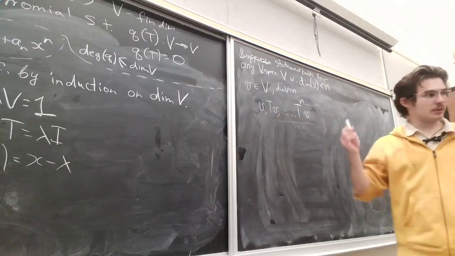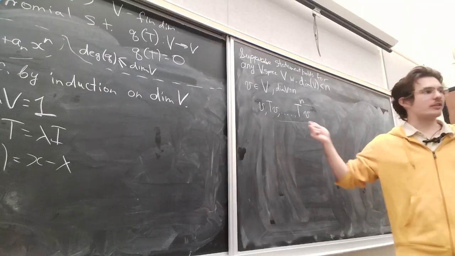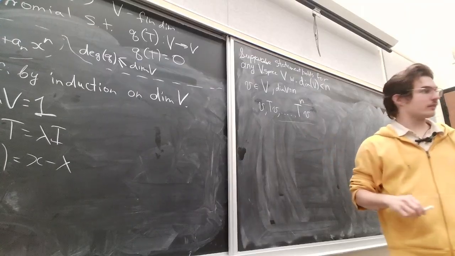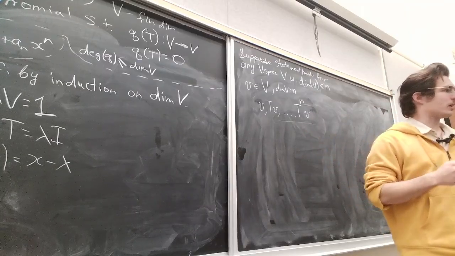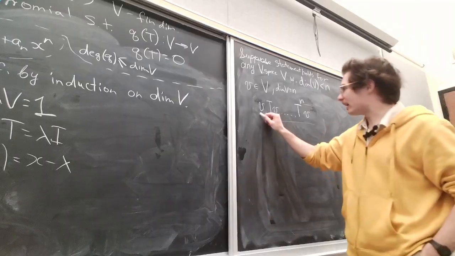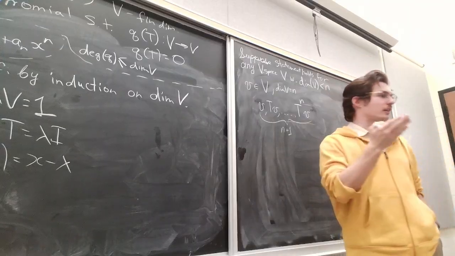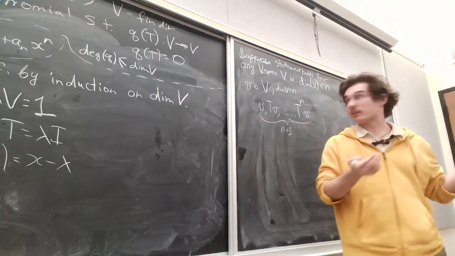Can someone tell me something about this list of vectors? How many vectors are in this list? N plus 1. Good. So I know that these vectors are linearly dependent.